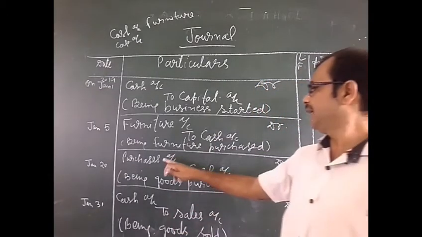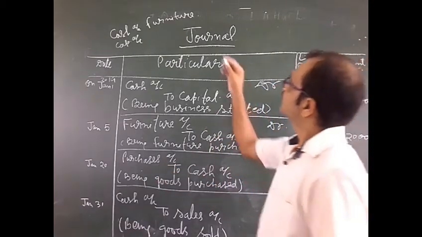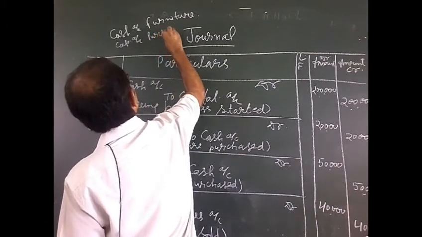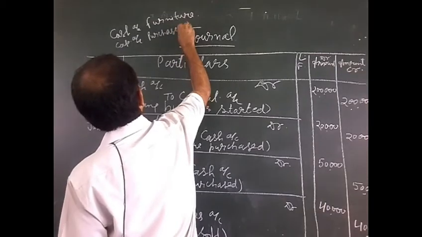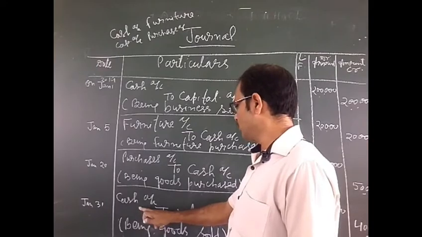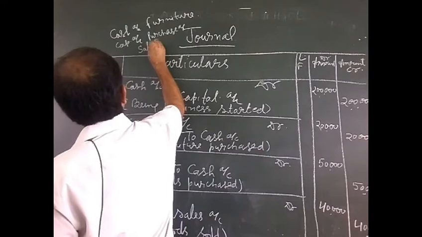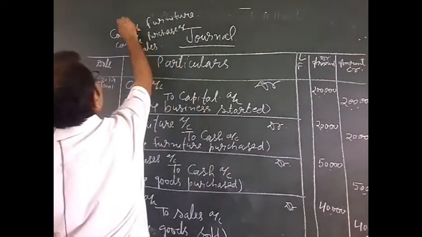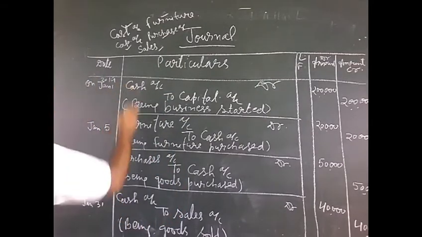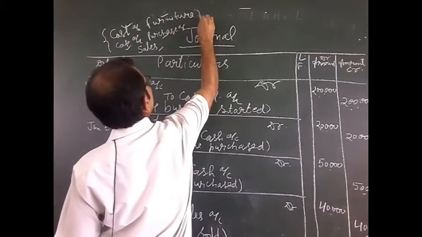In the next entry, purchases is written, so we will write purchases account. Cash is already written, but sales is a different account, so we will write sales account in rough. All these accounts, 1, 2, 3, 4, 5, from the four entries will be prepared in ledger accounts.